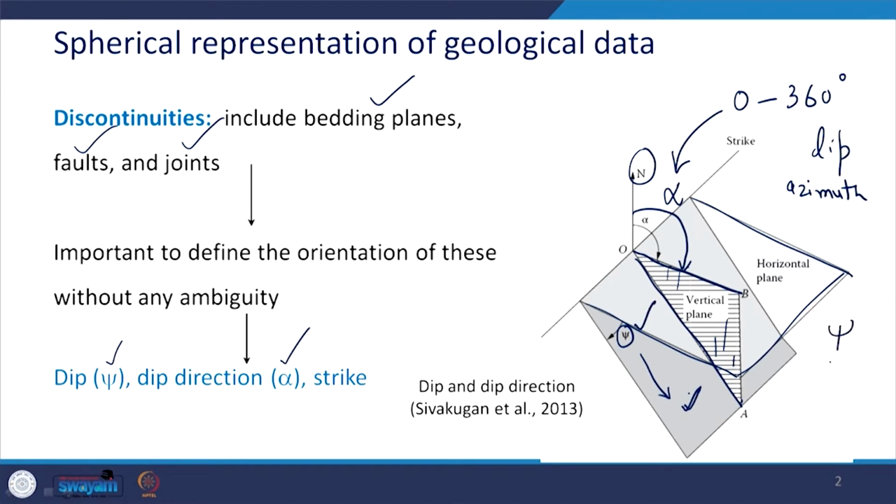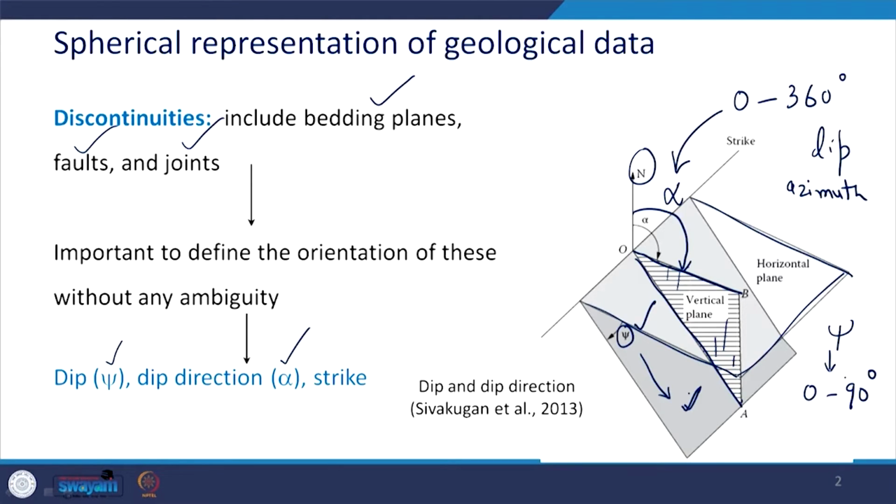Now, this angle psi can take values between 0 to 90 degrees. We have already seen that a horizontal plane will have a dip of 0 degrees and a vertical plane will have a dip of 90 degrees.